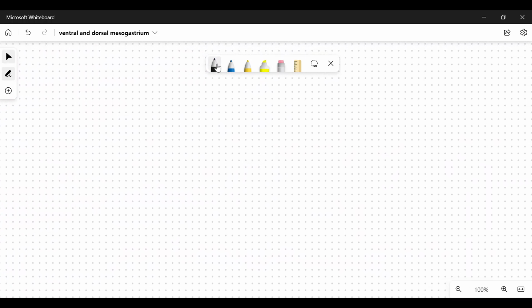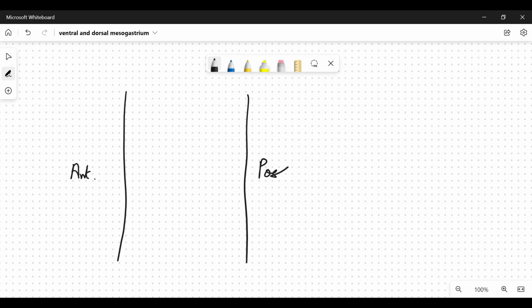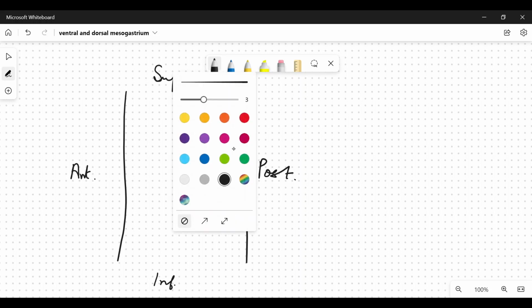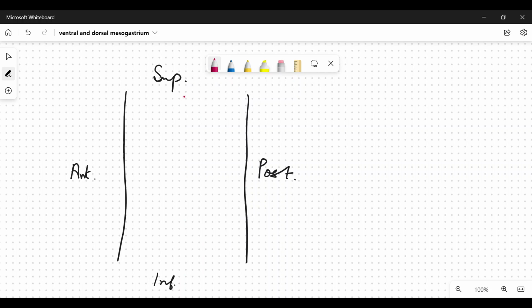Suppose this is the anterior abdominal wall, this is the posterior abdominal wall, this is the anterior aspect of the body, this is the posterior aspect, this is the superior aspect, and this is the inferior aspect. So we have cut a sagittal section through the body, and this is my gut tube: suppose up till here is the foregut, then up till here is the midgut, and distal to it is the hindgut.